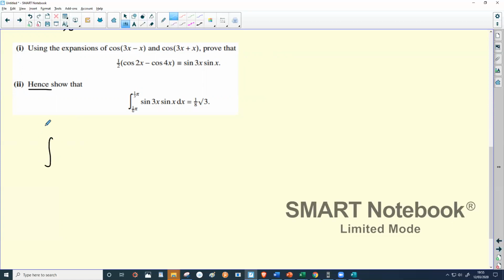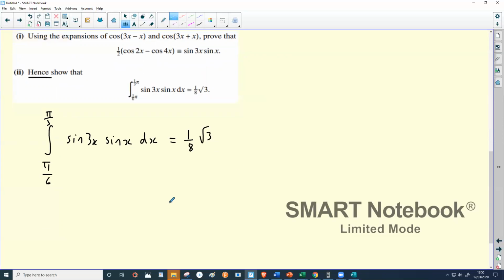So we can use some of the results we've acquired in an earlier part to answer this. So we've got pi over 3 at the top and pi over 6, we've got sin 3x sin x dx. We need to show that it equals 1 over 8 root 3. Well, what we realized in part 1 was that sin 3x sin x is identical to half (cos 2x − cos 4x).